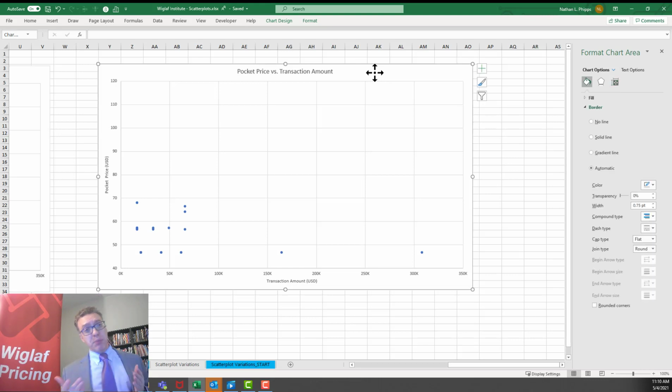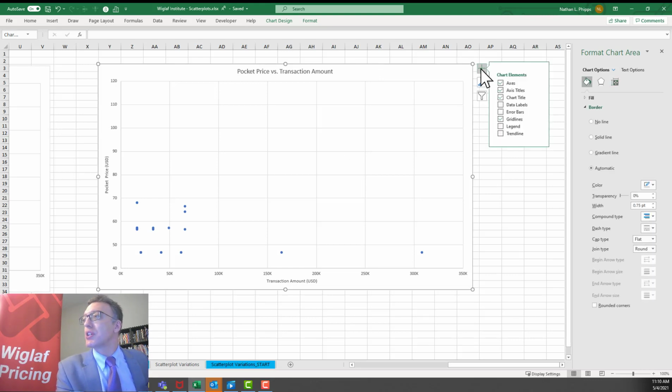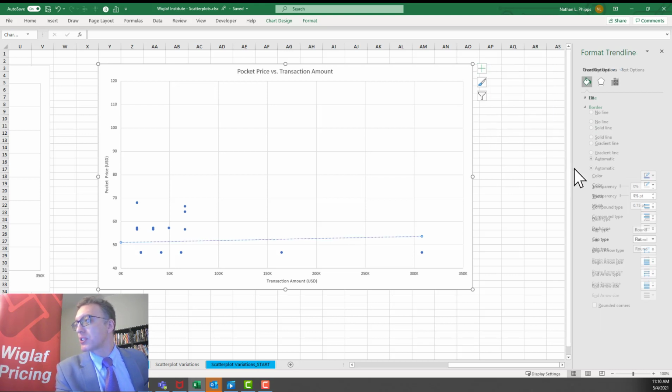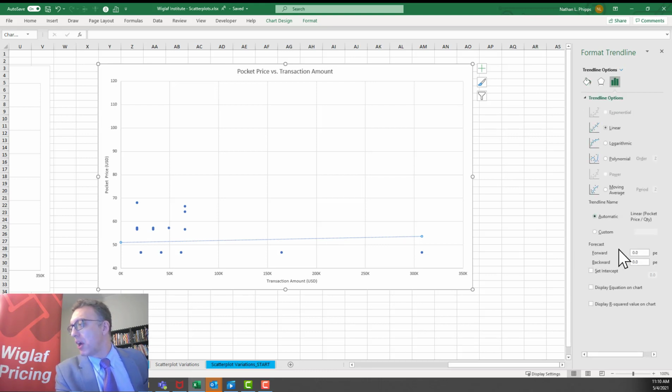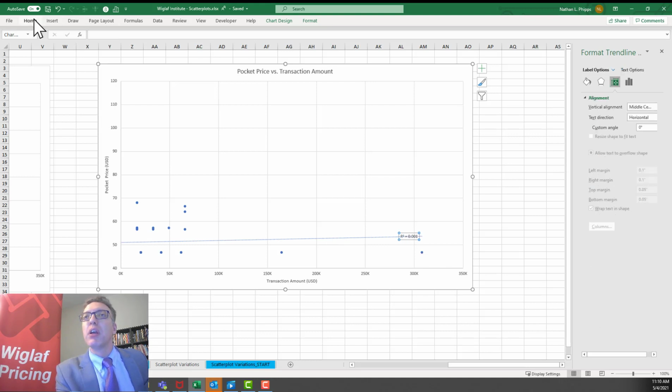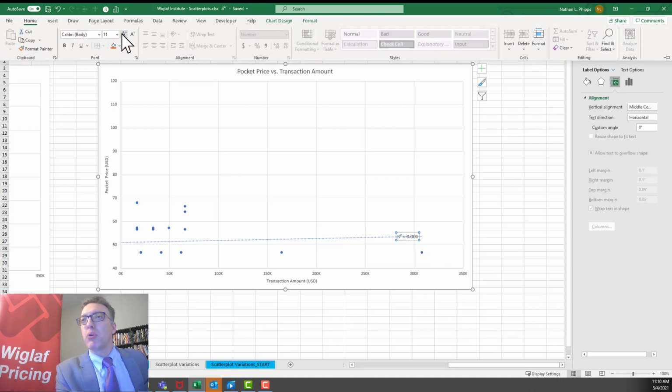Okay, and let's repeat the exact same thing on our pocket price versus transaction amount. So just hit your plus sign, go to your trend line, more options, and I'm not going to throw up the equation this time, just the R-squared value. Blow that up.